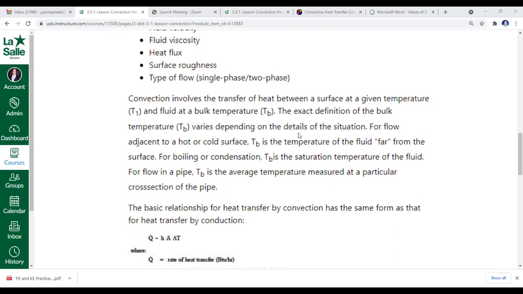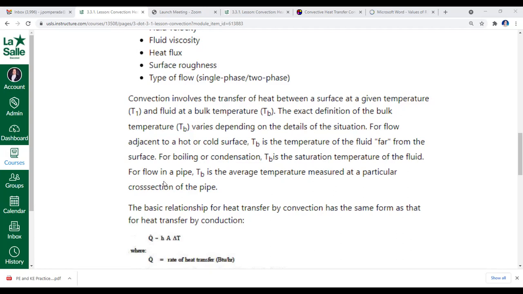So for every situation, for every type of diffusion, we have an appropriate formula to use in the case of convection. Now, for flow adjacent to a hot or cold surface, T sub B is the temperature of the fluid far from the surface. For boiling or condensation, T sub B is the saturation temperature of the fluid.